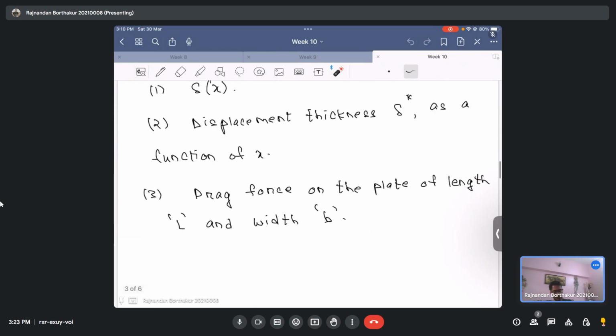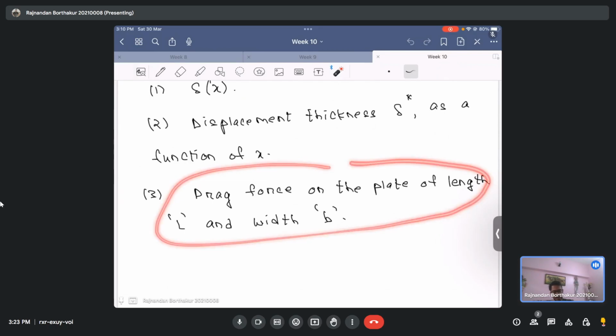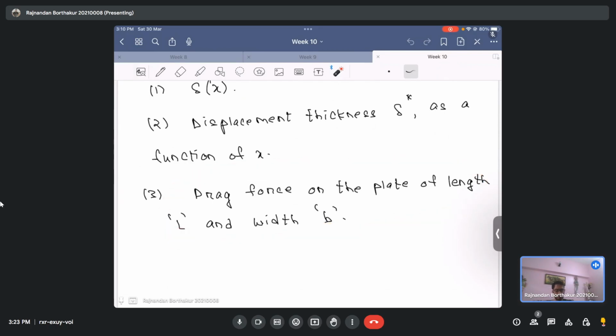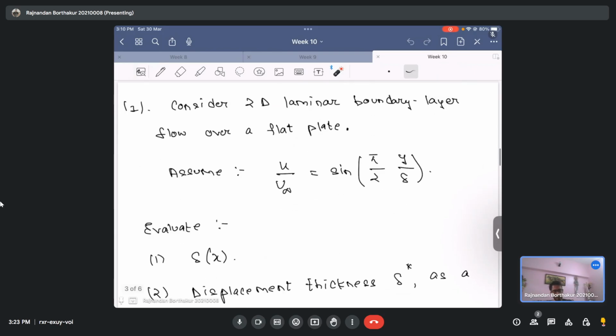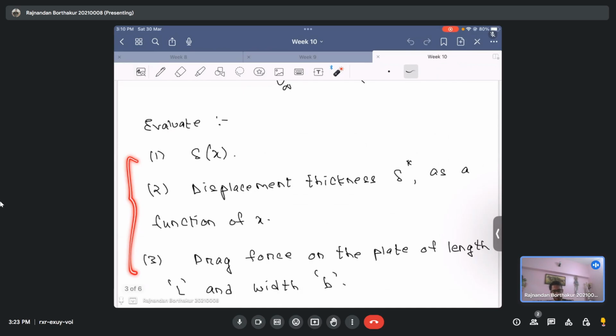This is the second task. And lastly, something new with respect to the previous problem, we are also asked to evaluate the drag force on a plate of length L and width b, provided the velocity profile is given by this. So these are the three things we will solve for.